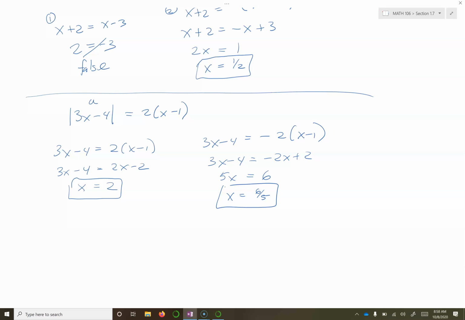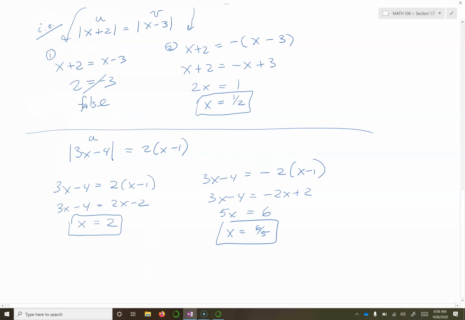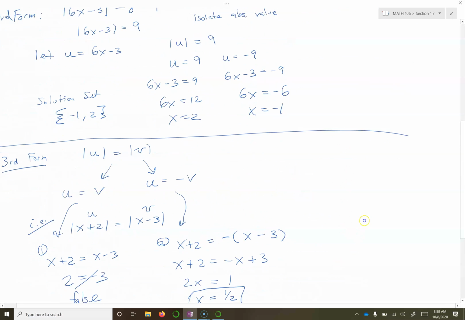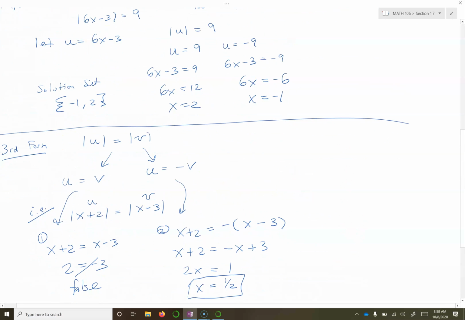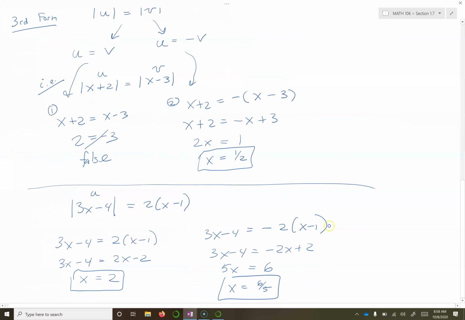So don't be worried if you see not a number on the other side of an absolute value. They're the same form. Really you're just worried about 3 absolute value forms. Any questions about those? I hope they're pretty simple because it's just working with very basic linear equations. Are we okay with those? They're not too bad. And again, these aren't on the exam.